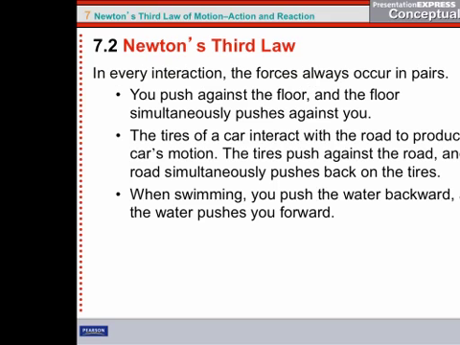So for instance, let's talk about a couple examples. If you push against the floor, the floor pushes against you. If the tires of a car push on the road, the road pushes on the tires at the same time. When you're swimming, you push the water backwards, the water pushes you forward with equal force.